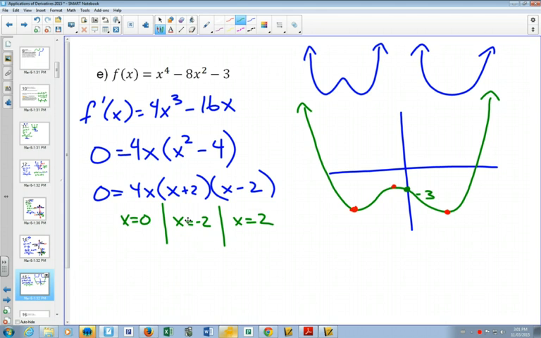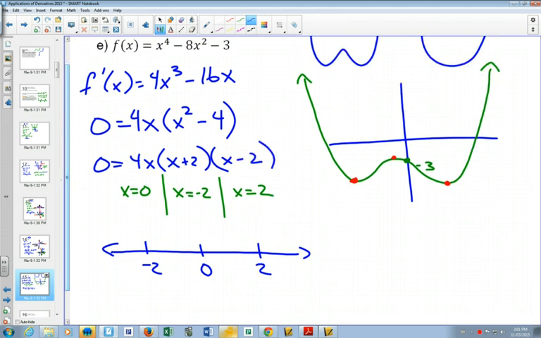We have no non-permissible values, but now when we want to find out where things are increasing and decreasing, we have 3 values, which kind of makes sense according to the graph that we thought it would look like based on previous years. Again, we're going to plug things into our derivative to find out where our function is increasing and decreasing.